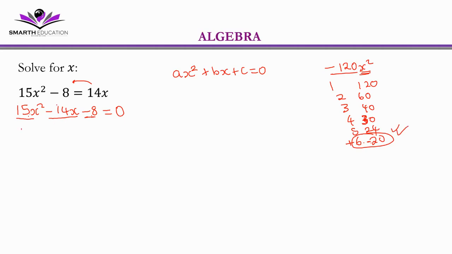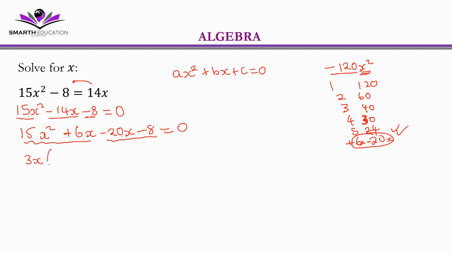We can replace negative 14x with these factors, 6x and negative 20x. So it becomes 15x squared plus 6x, then minus 20x minus 8 is equal to 0. So I've replaced negative 14x by positive 6x and negative 20x. And then we factorize by grouping in pairs. The first pair, the highest common factor is 3x.